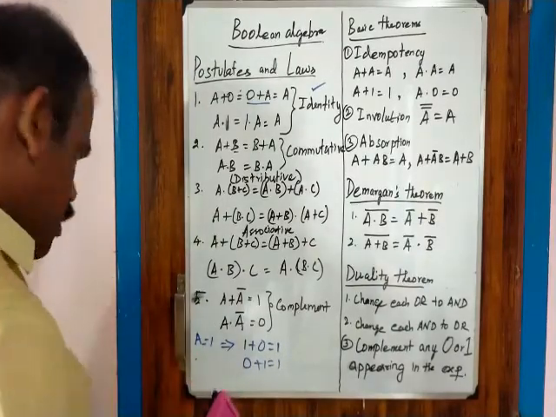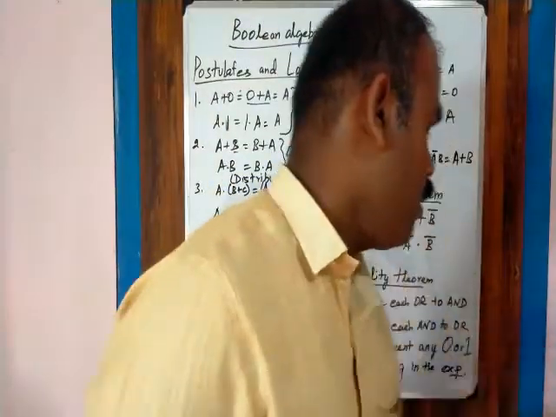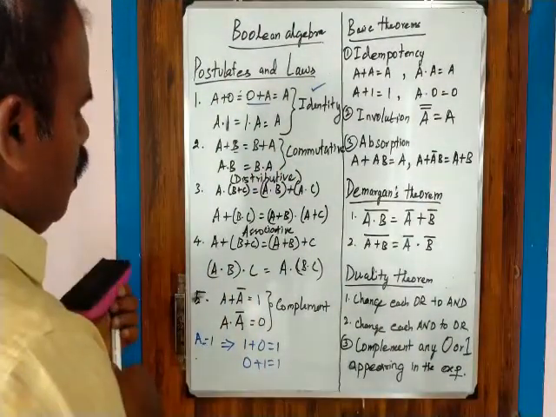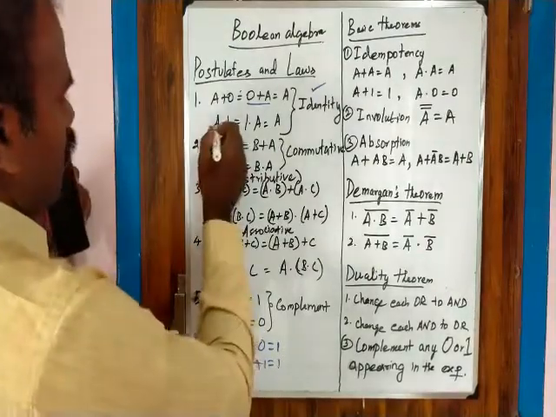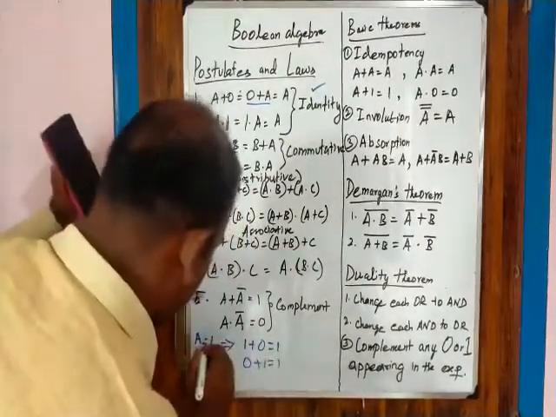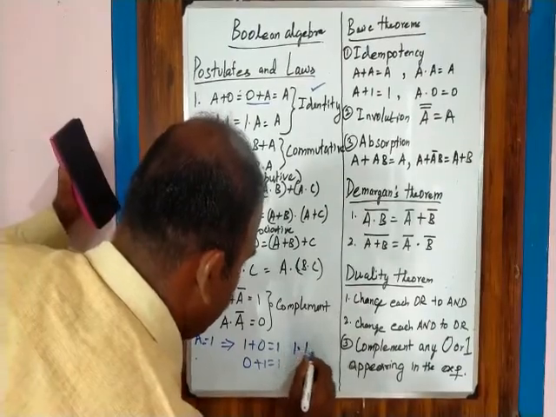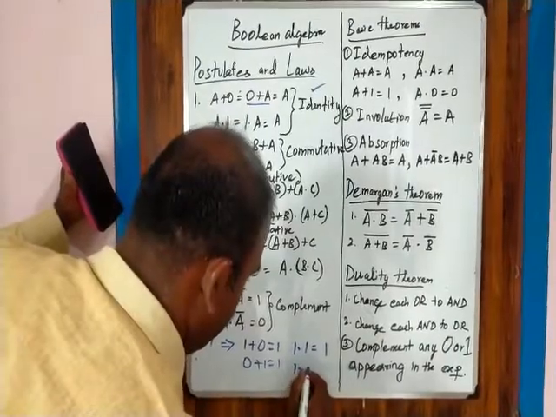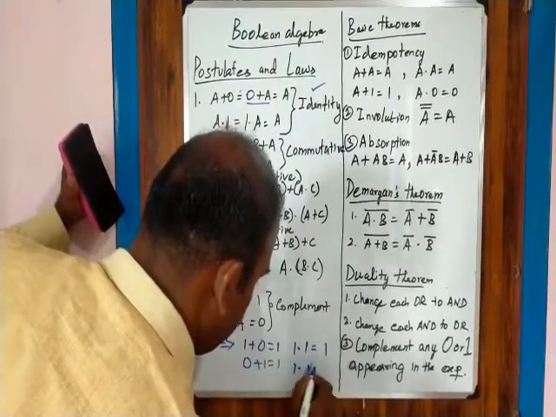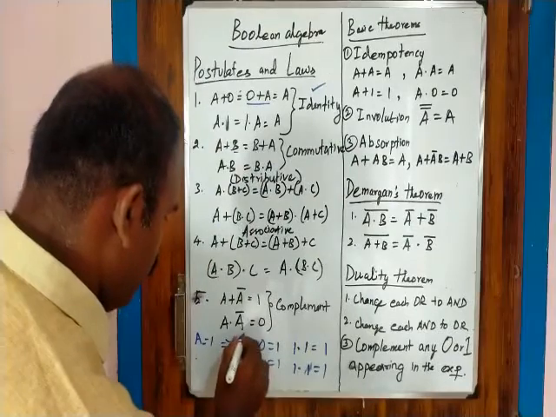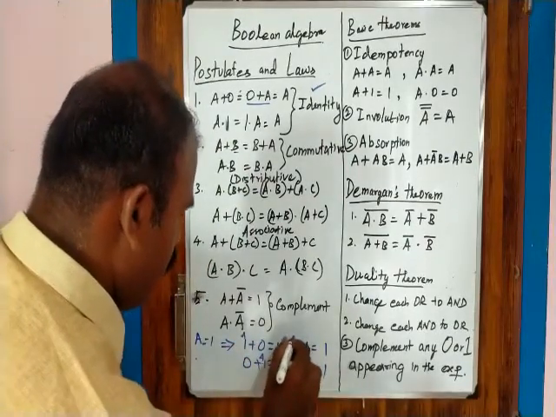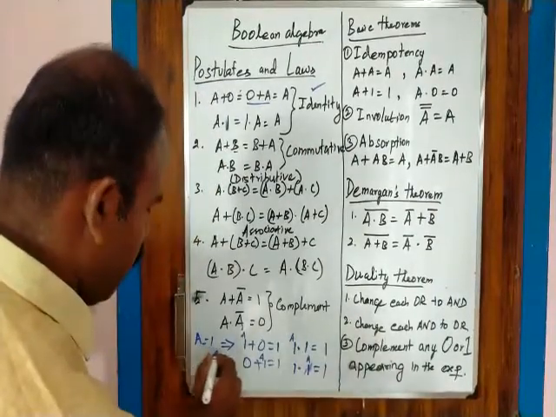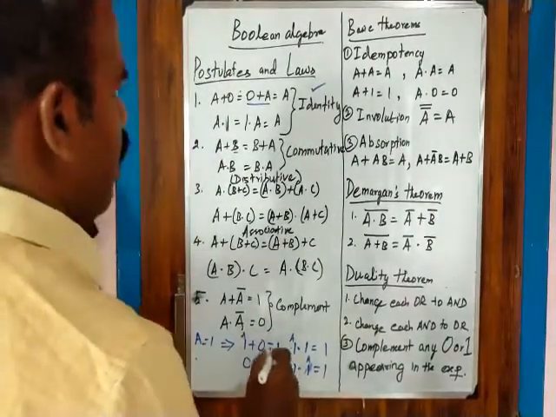Similarly, if you multiply this A with 1, that is A equal to 1, 1 into 1 equal to 1. Substitute A equal to 1 here, we get the same answers.